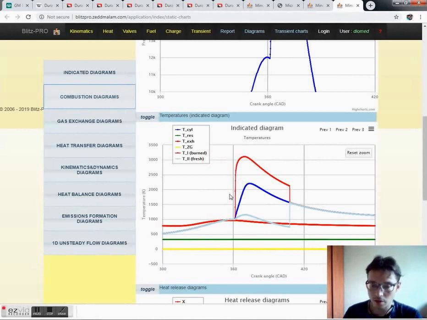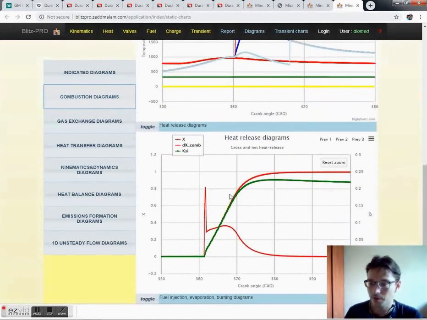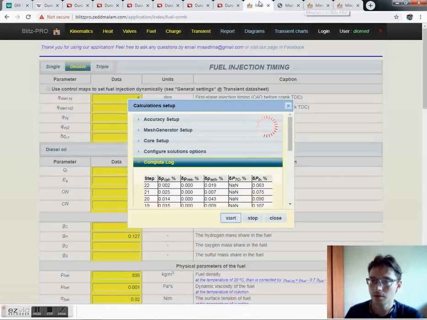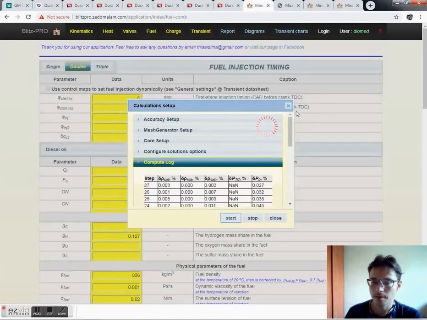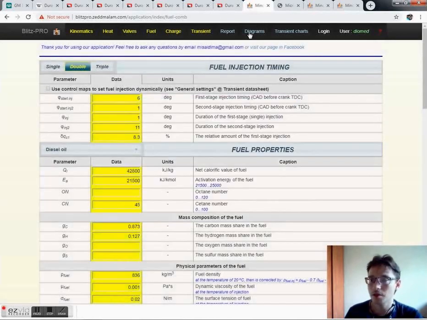So let's see. Okay, the calculation is still in progress, and we hope that we will decrease the maximum pressure in the cylinder together with the maximum pressure rate value. Okay, calculations are done. Let's look at the report table. What is the maximum pressure?